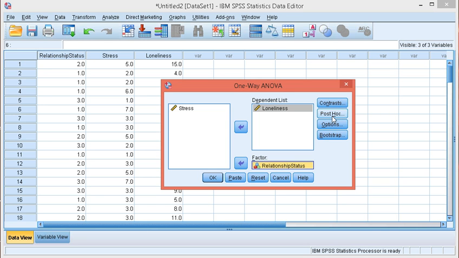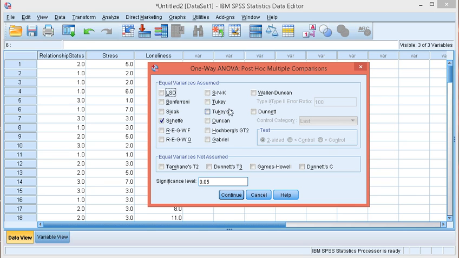And then post hoc, I'll explain later when we go to the results section, but I'll give a brief discussion on that now. Later on we'll look at the mean loneliness of the three groups: the average loneliness of those who are single, not in a relationship, of those who are single in a relationship, and of those who are married.